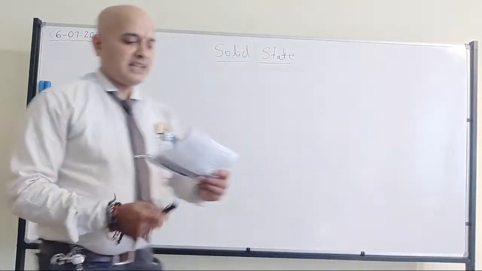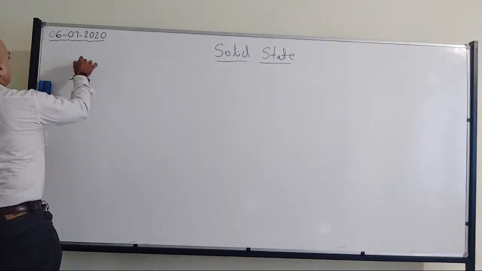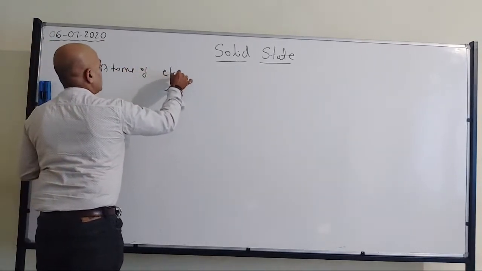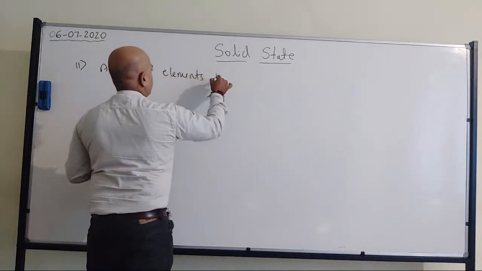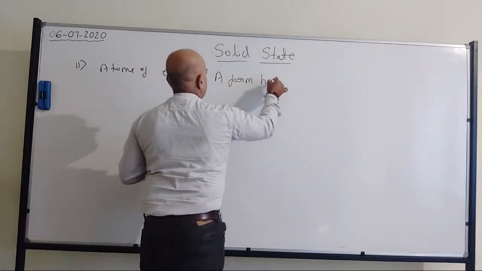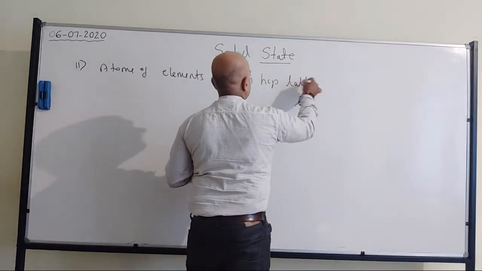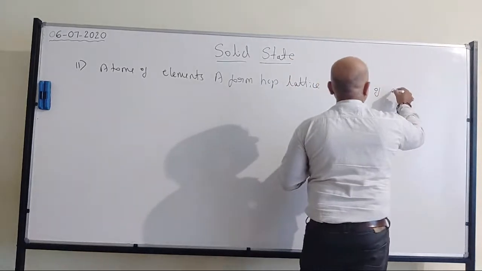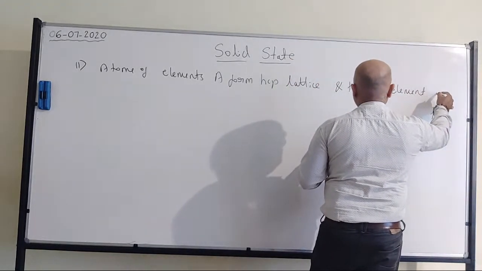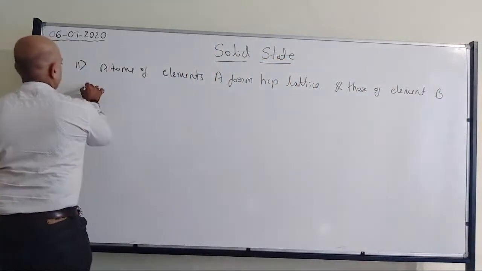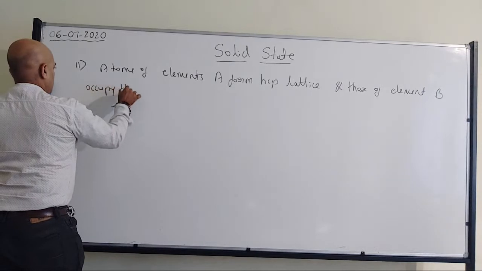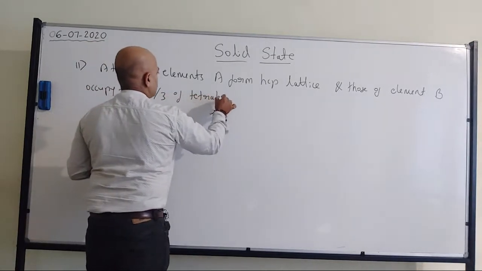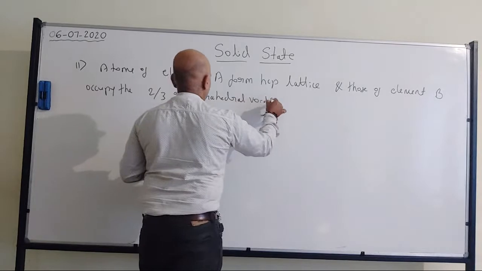That is question number 11. Atoms of element A form an SCP lattice, and those of element B occupy 2/3 of the tetrahedral voids.